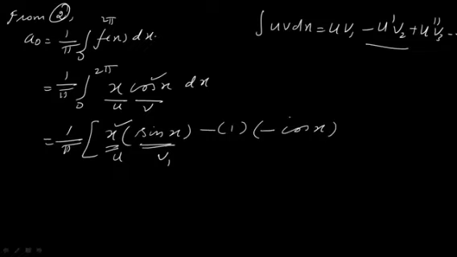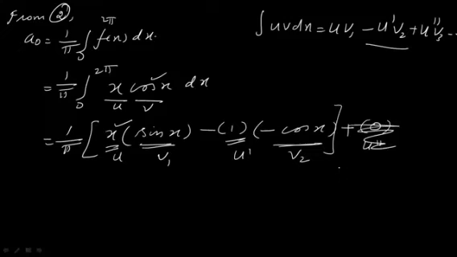We may not proceed further, because in the next term, u double dash, differentiating 1, becomes 0. So we can't proceed further. Let me stop up to this.